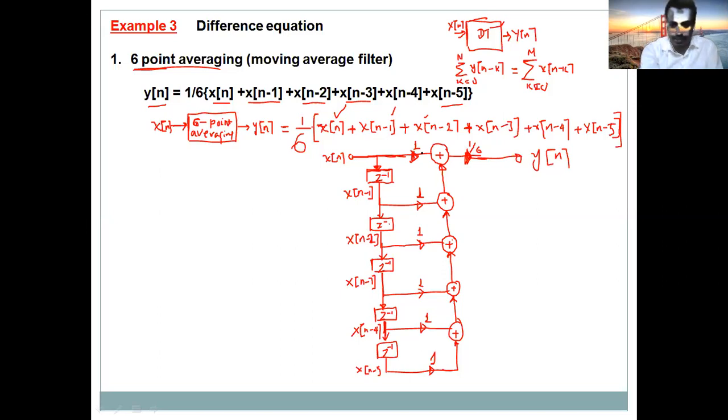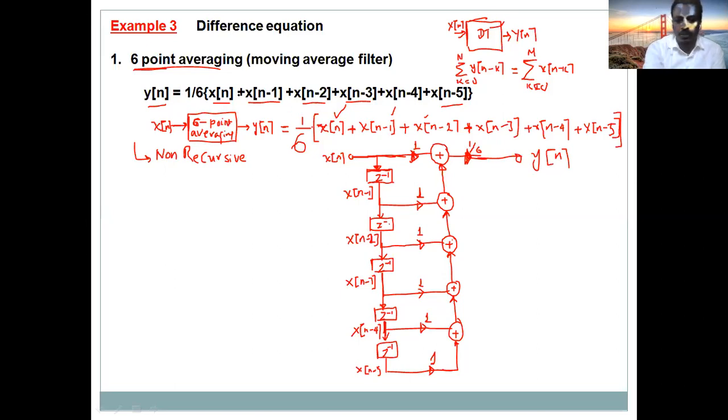This design will come in chapter 4. Here I just want to show you. This system is called a non-recursive system. Why do we call it non-recursive?